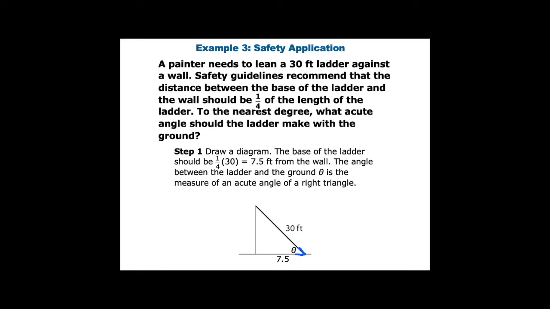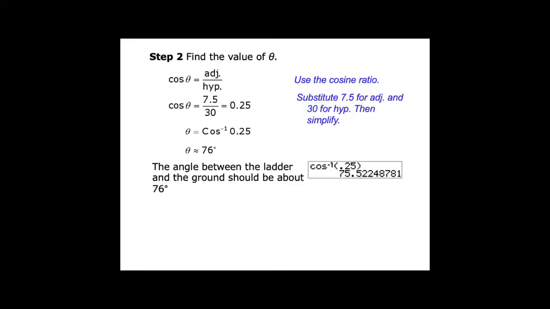And so to get that, just looking at this triangle, it's a right triangle. So we are going to use cosine, which is our adjacent over your hypotenuse. So step 2, find the value.